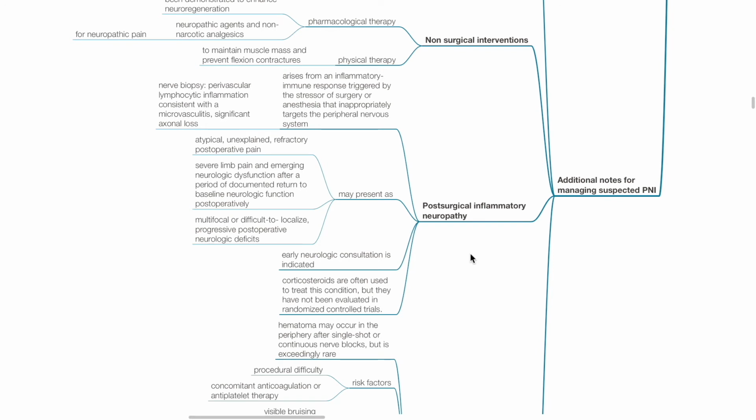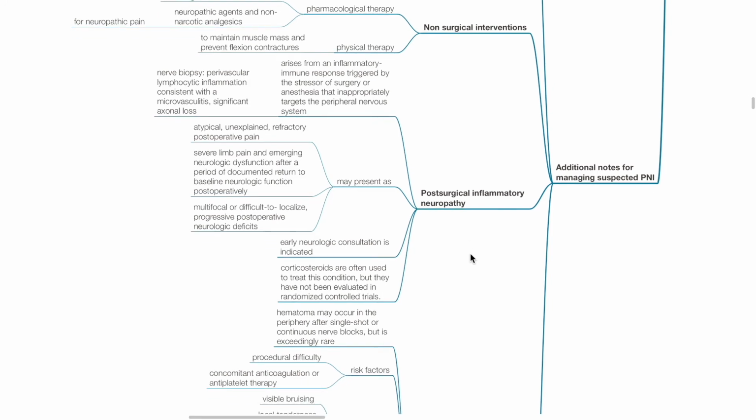This condition may present as atypical unexplained refractory post-op pain, severe limb pain, and emerging neurologic dysfunction after a period of documented return to baseline neurologic function post-op, or multifocal or difficult to localize progressive post-op neurologic deficits. Early neurologic consultation is indicated. Corticosteroids are often used to treat this condition, but they have not been evaluated in RCTs.